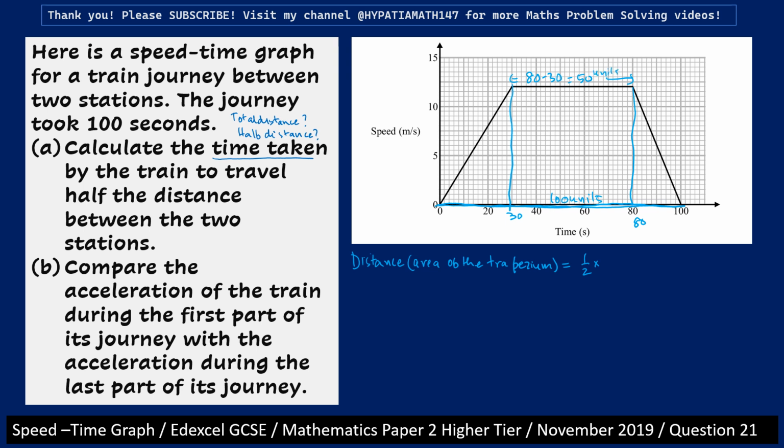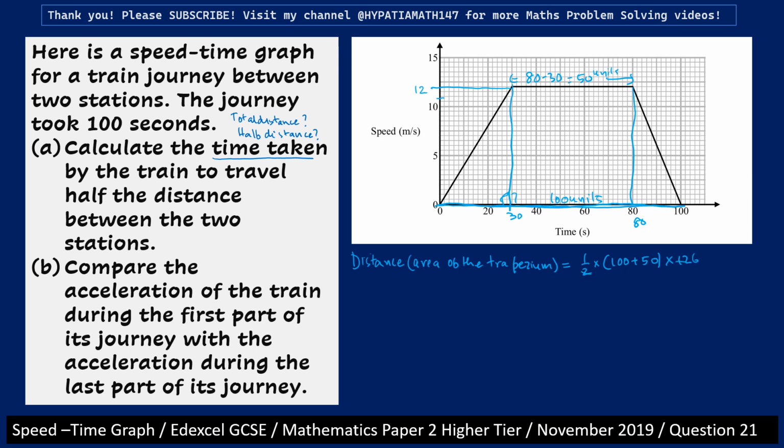And the perpendicular height, that would be just 10, 11, 12. So it's half times the sum of the parallel sides, so 100 plus 50 multiplied by 12.